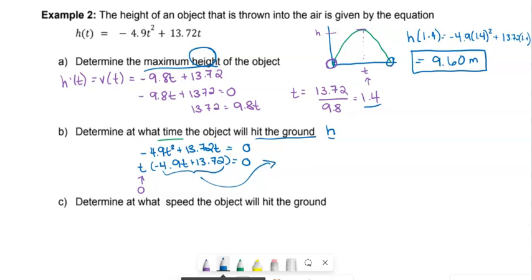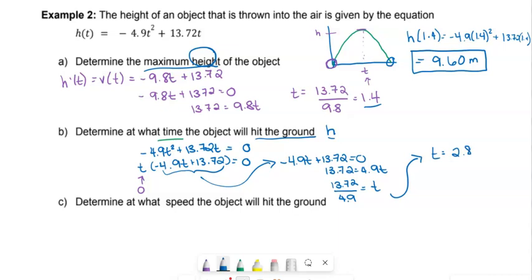So negative 4.9t plus 13.72 equals 0. Rearrange to solve. 13.72 divided by 4.9, t equals 2.8.